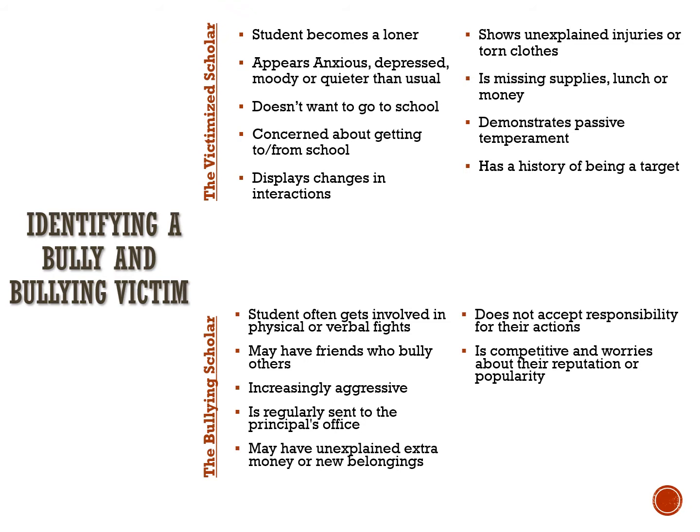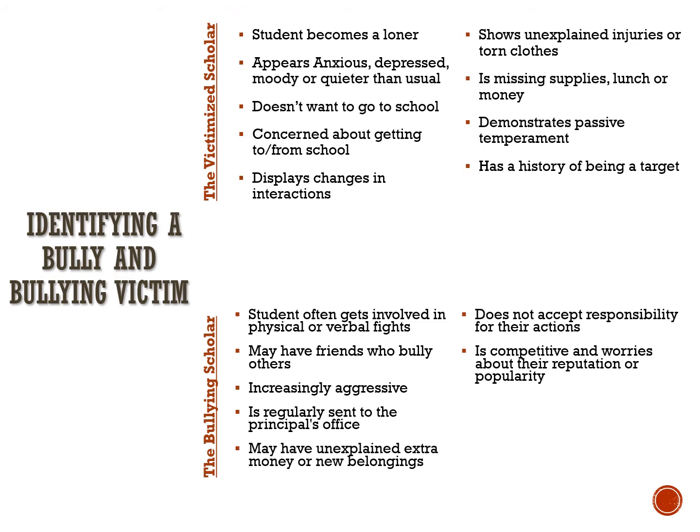So how can you as an educator identify those students who might be victims of bullying and bullies themselves? Well, it's easy if you know some telltale signs to look for. Victims of bullying are often loners. They might appear anxious, depressed, or quieter than other students. Many times victims don't want to go to school and they're concerned about getting to and from school.